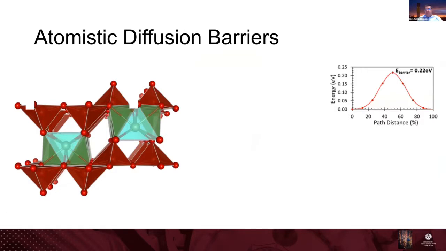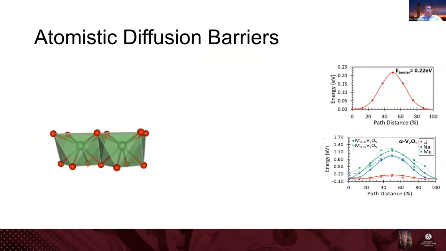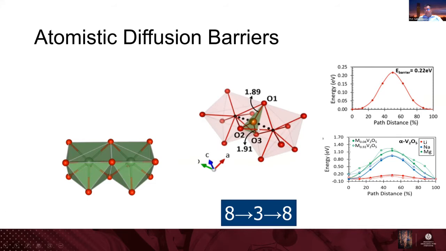So one of the problems is, this is the structure of V2O5, so lots of room for ions to migrate, but the challenge is that for an ion to move from one side to the other, it has to go through an 8-coordinate site to a 3-coordinate site to an 8-coordinate site, right? What this means is that there's a lot of bond breaking and bond formation that has to take place for an ion to move through the lattice.